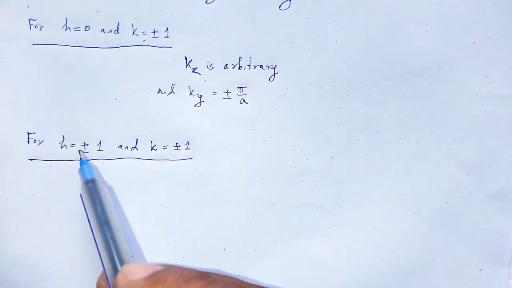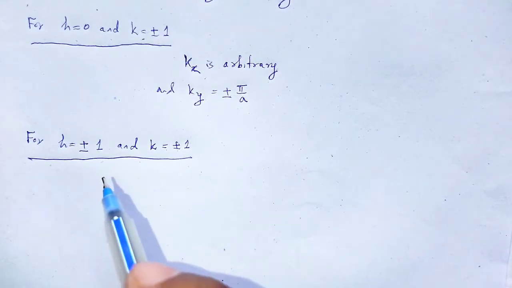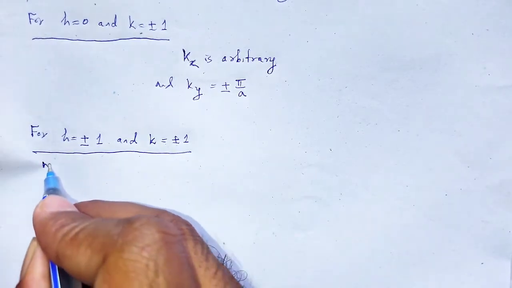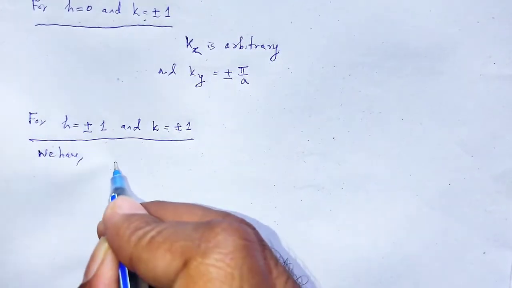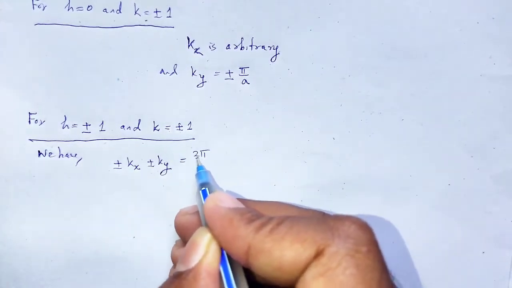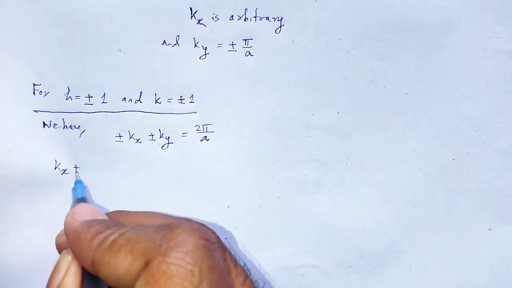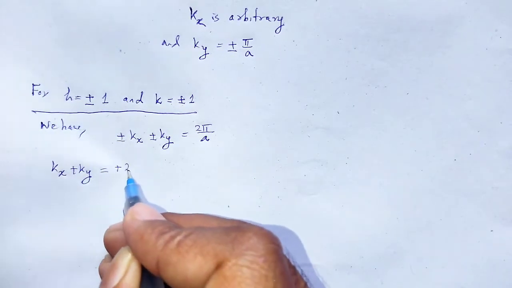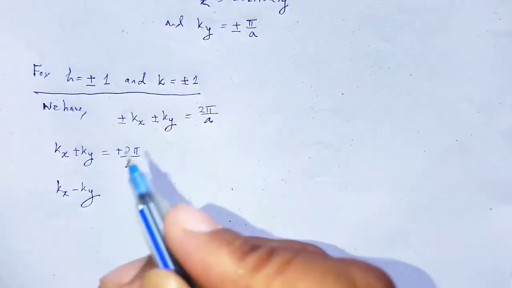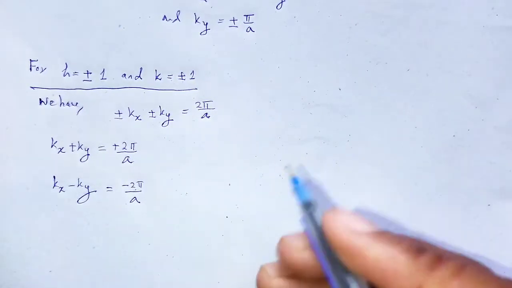When h is equal to 1 and k is equal to 1, we have plus minus kx plus minus ky equal to 2 pi by a, meaning 2 conditions: kx plus ky is equal to plus 2 pi by a, and another one, kx minus ky, will be minus 2 pi by a.